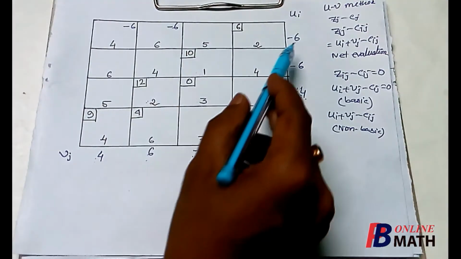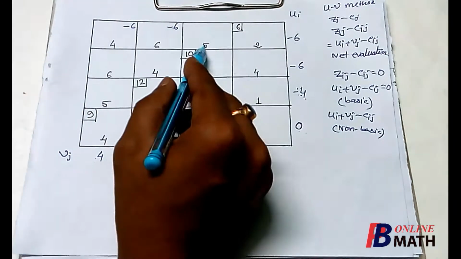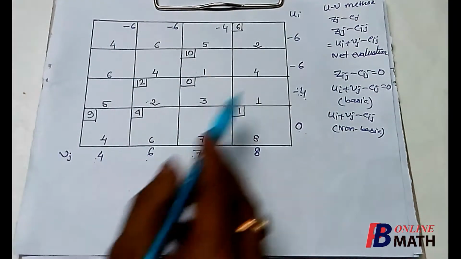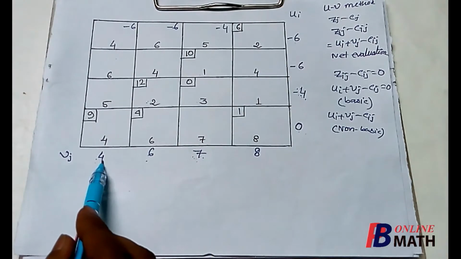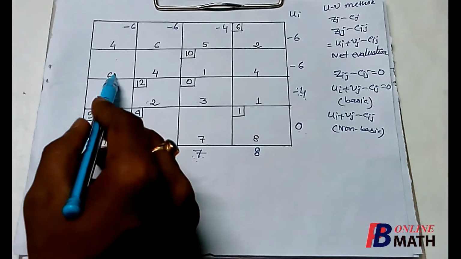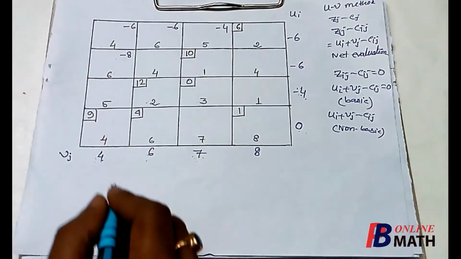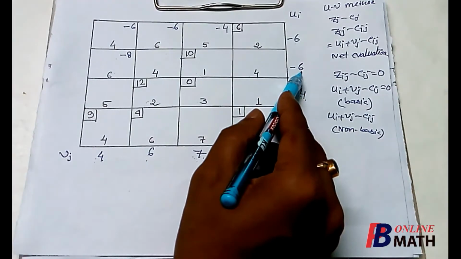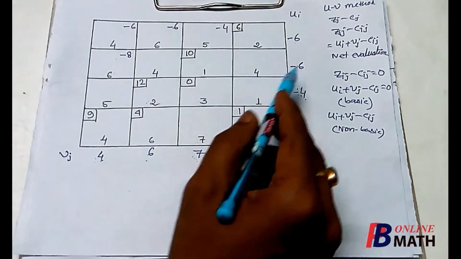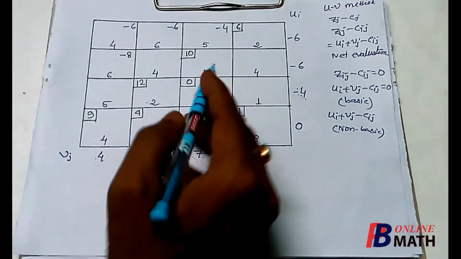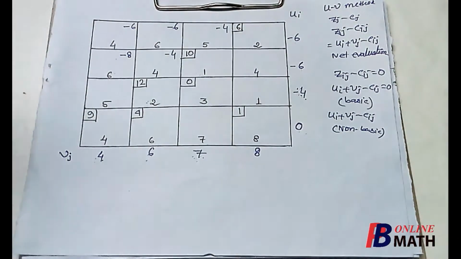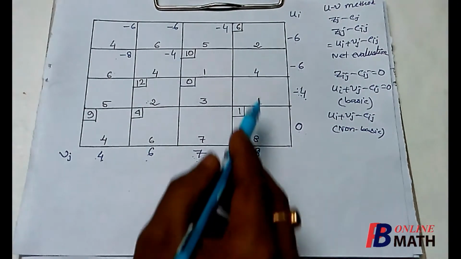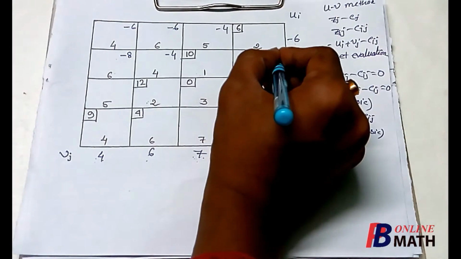For this cell it is minus 4. For this non-basic cell it is minus 8. For this non-basic cell it is minus 4. For this non-basic cell it is minus 2.